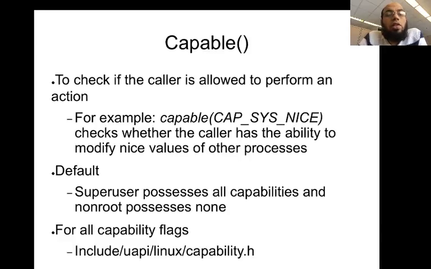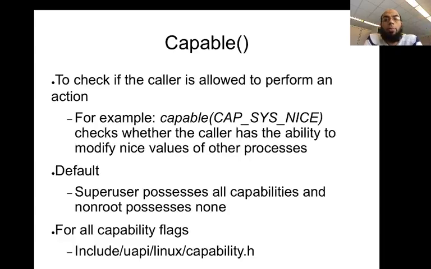This is an example where capable is called to check if the user is allowed to change the niceness value of other processes. Nice values are a way to give priorities in the scheduler. So you use nice as a way to enable better scheduling.